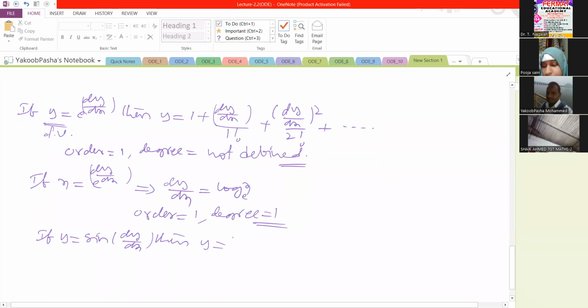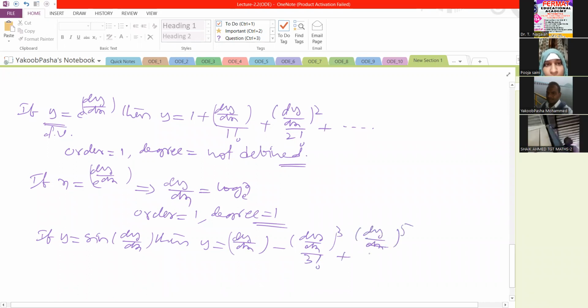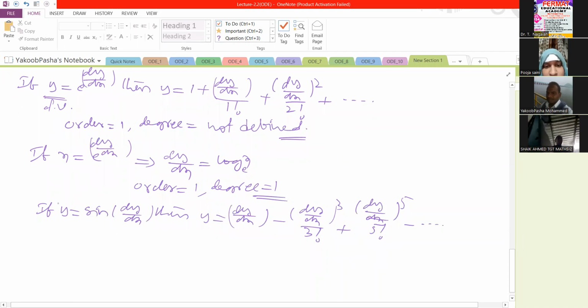That is dy by dx minus dy by dx whole cube by 3 factorial. Next term is dy by dx whole to the power of 5 by 5 factorial plus or minus and so on. Okay, here in this case also we can define order is equal to 1, but the degree is not defined.